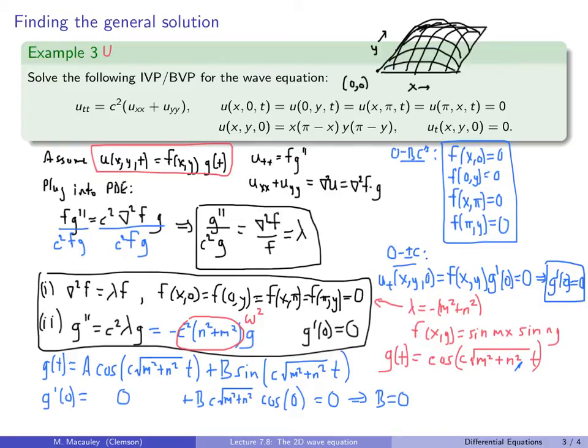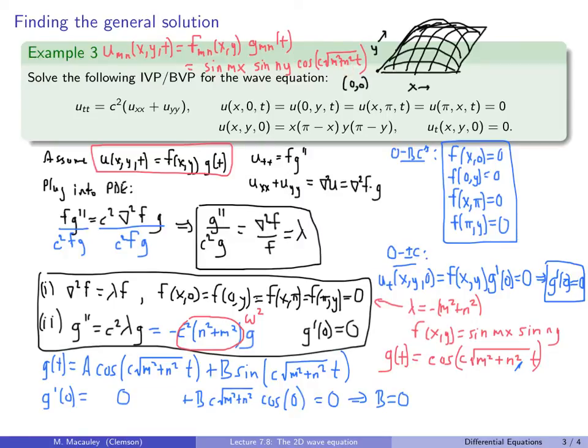So we have u mn of x, y, t equals f mn of x, y times g mn of t, which is, let's write this out, sine of mx times sine of ny times cosine of c times square root of m squared plus n squared times t. So that is a fundamental solution.